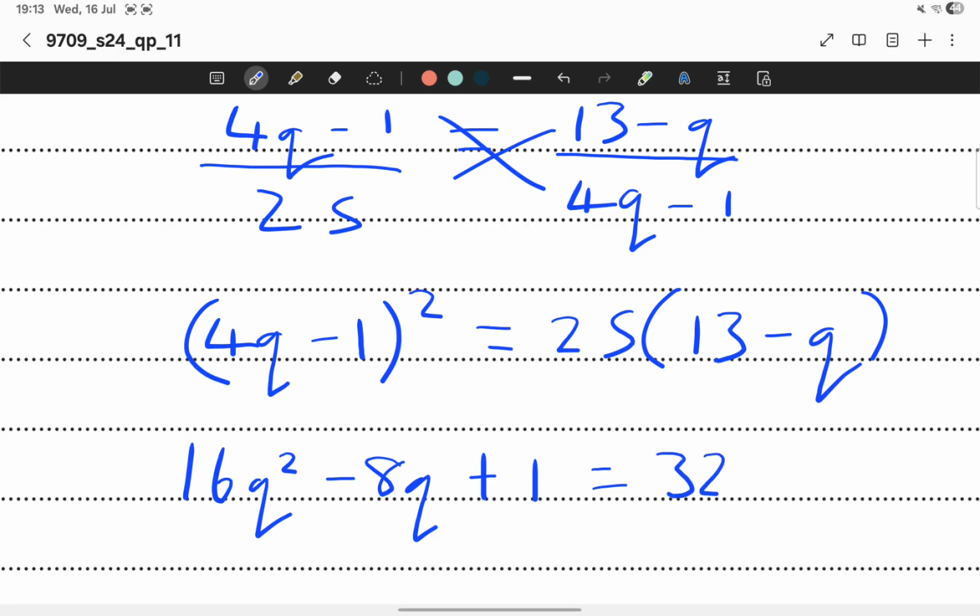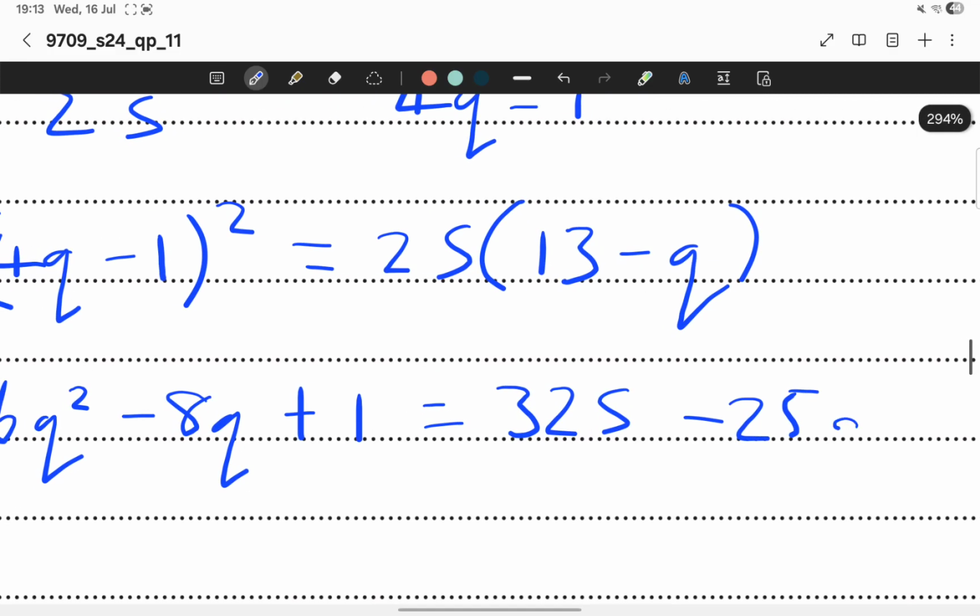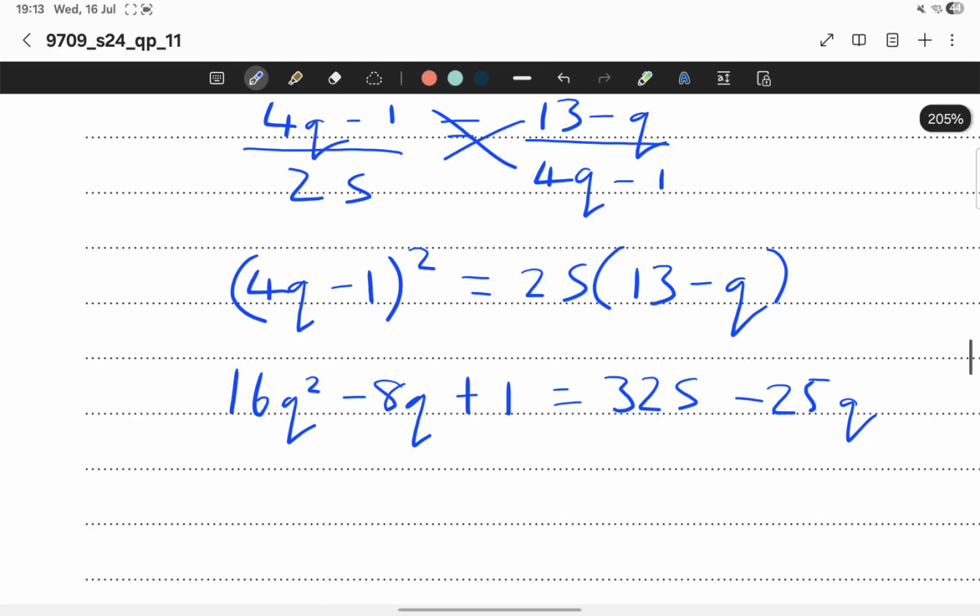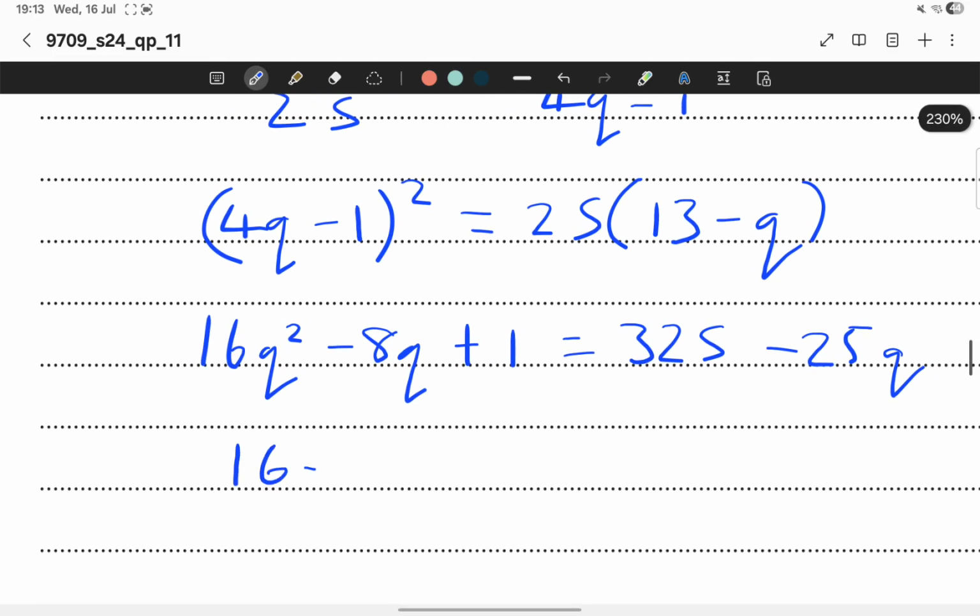That's 325 minus 25q, right? And taking everything to the left hand side, that will be 16q squared minus 8q plus 25q, that's 17q. Then 1 minus 325, that's minus 324 equals 0.